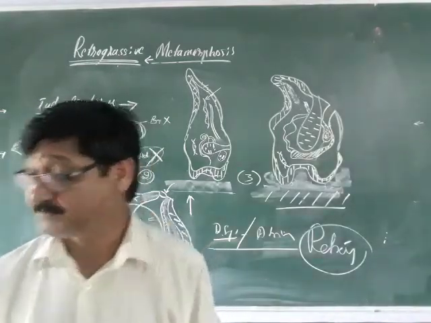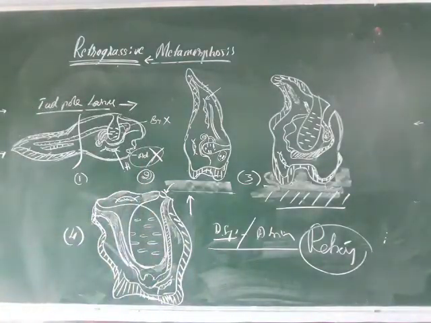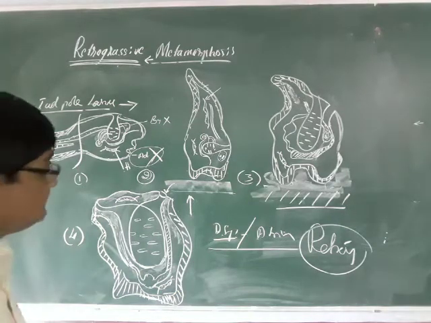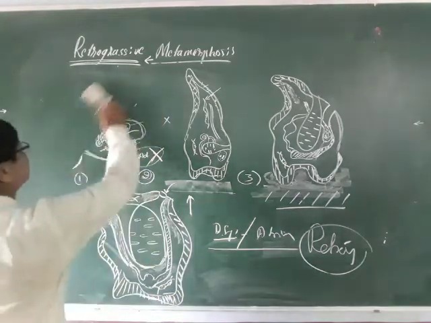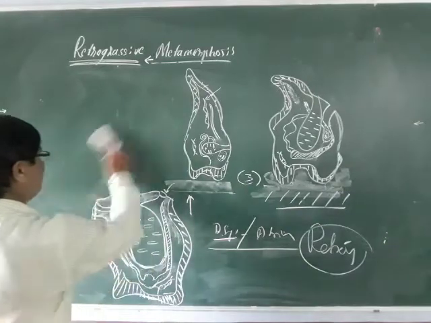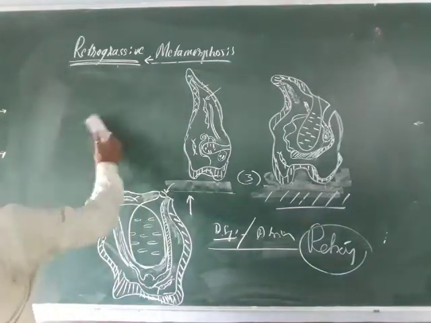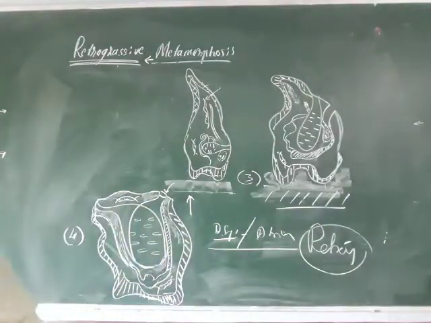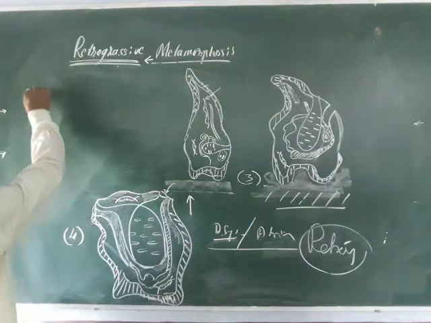So this is called retrogressive metamorphosis. What is the significance of this metamorphosis? I will explain here. The main significance, or the important characteristics of the metamorphosis: it is an excellent example of retrogressive metamorphosis.